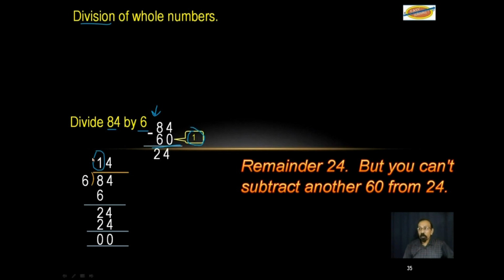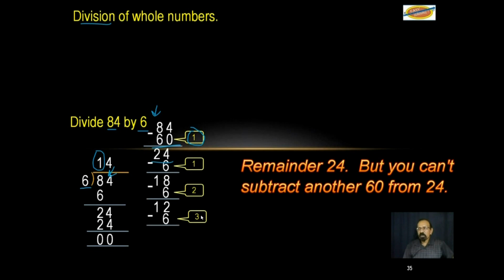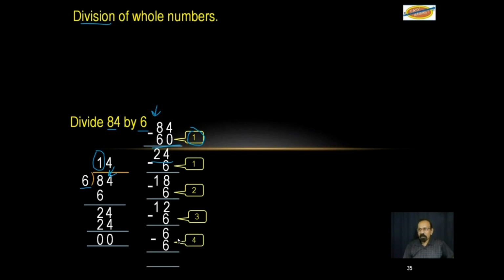So now you have 24 remaining. Now we will say 6 into 24. We are now in the ones position. So how many times can we subtract 6 from this 24? We can subtract it 1 time, 2 times, 3 times, 4 times, and then we arrive at 0. So this 4 is actually that 4.